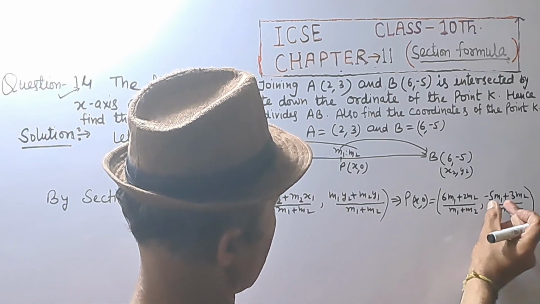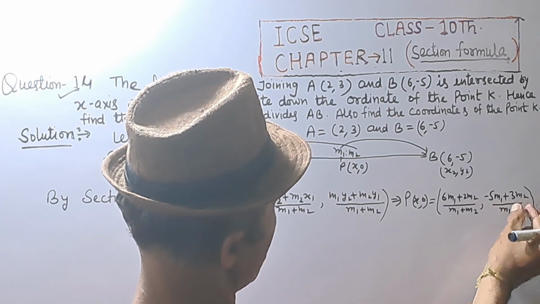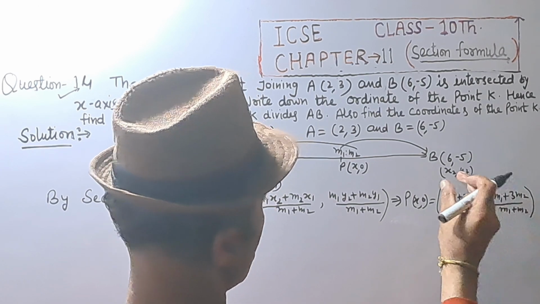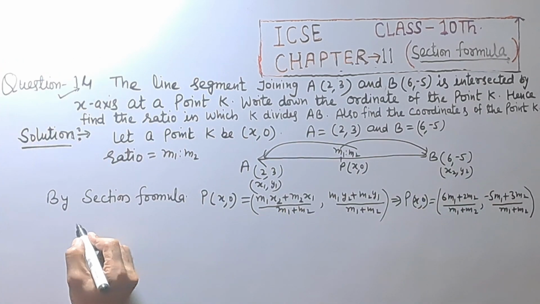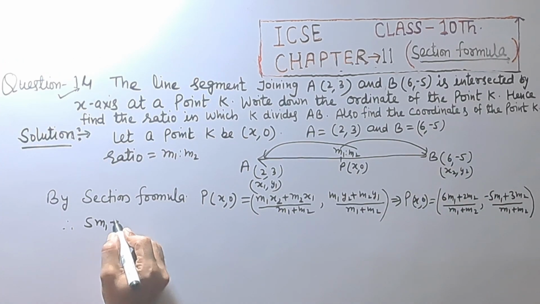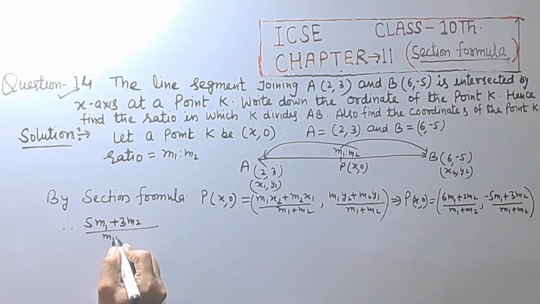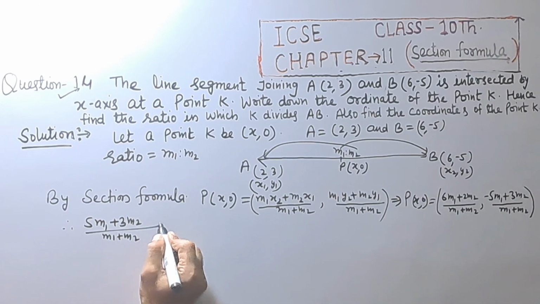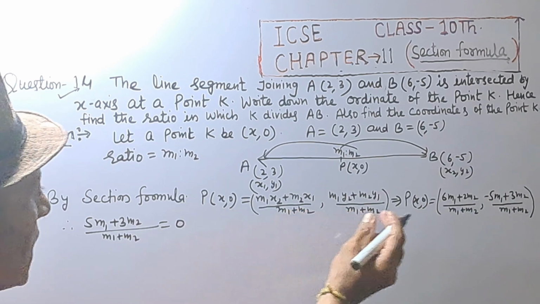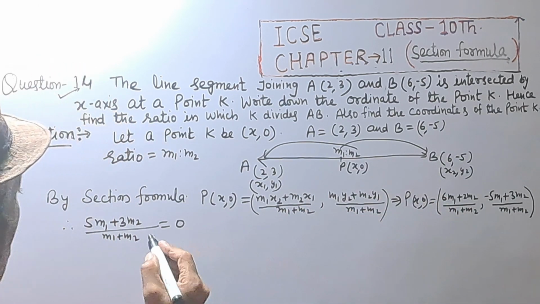We find the ratio, that is (-5 M1 plus 3 M2) upon (M1 plus M2) is equal to 0, the second point, its ordinate, that is equal to 0.